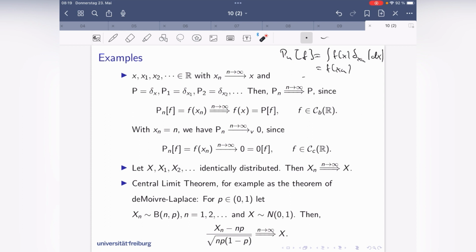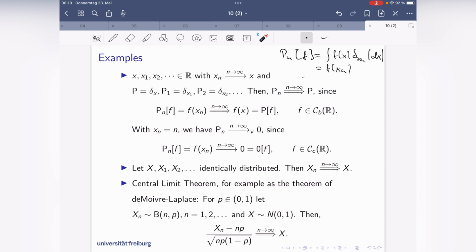For vague convergence, we have the following example. We have some x_n which goes off to infinity, for example x_n equals n. Then the corresponding Dirac measures converge vaguely to the zero measure, the measure which is zero all the time. Why is that?